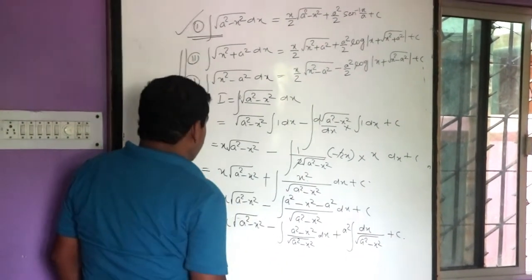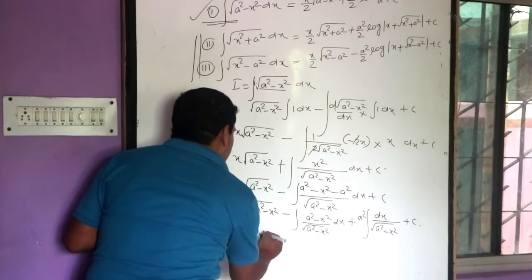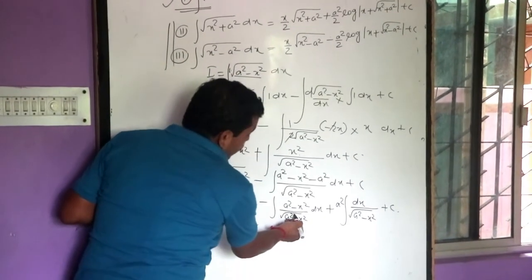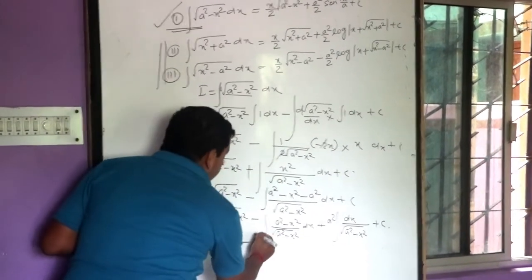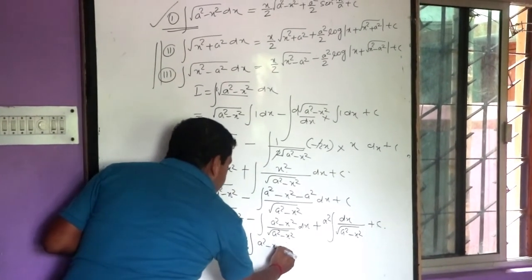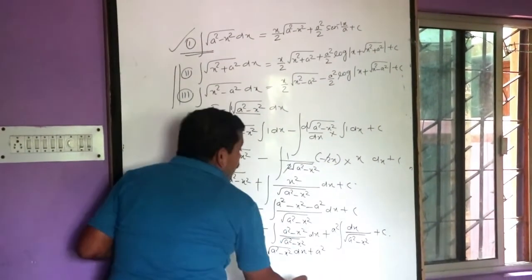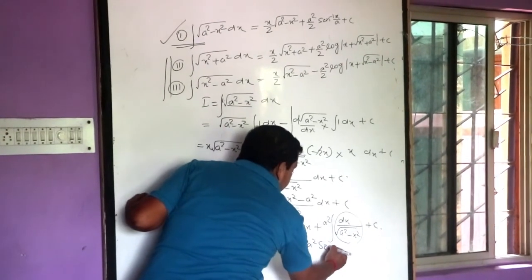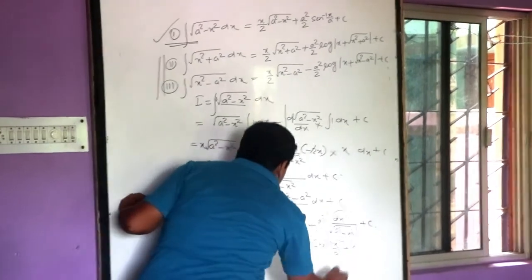Then it becomes x into root over a square minus x square, minus: the numerator is root over content but the denominator is root over a square minus x square. That will become root over a square minus x square dx plus a square. The integration of dx by root over a square minus x square is sin inverse x by a plus c.